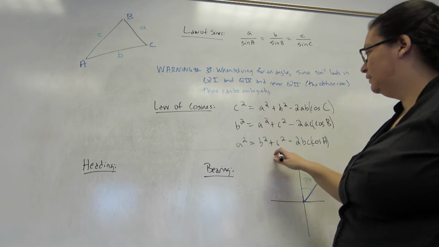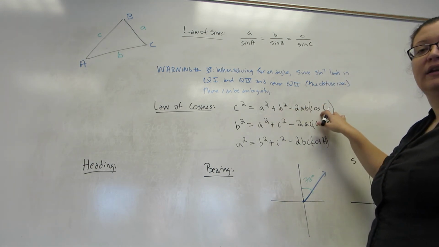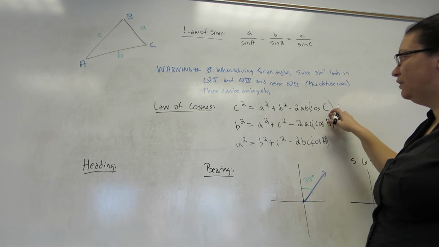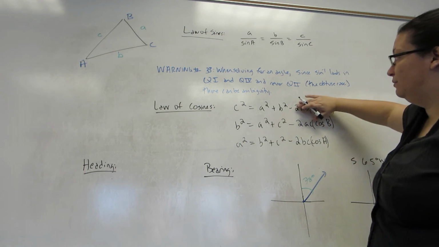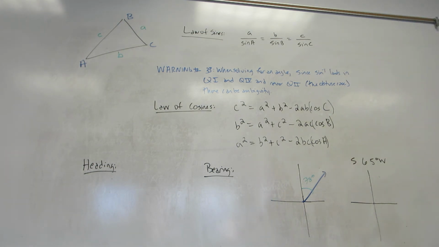You'll also notice that in this first one, when capital C is a 90-degree angle, the cosine of 90 degrees is 0, so this term disappears and it turns into the Pythagorean theorem. So this is actually a generalization of the Pythagorean theorem that holds for any triangle.